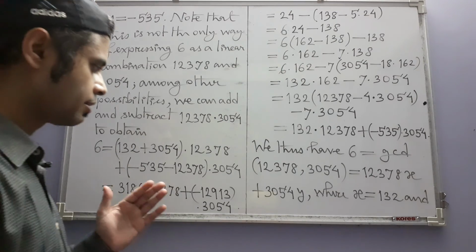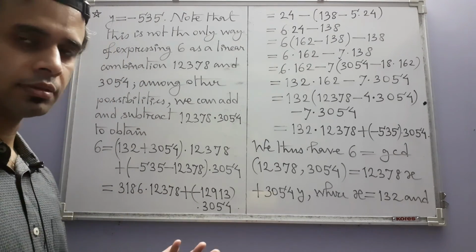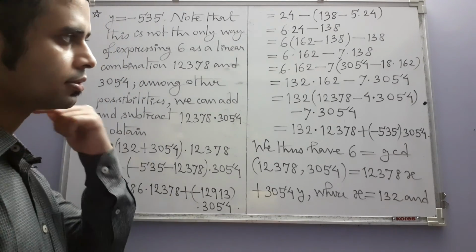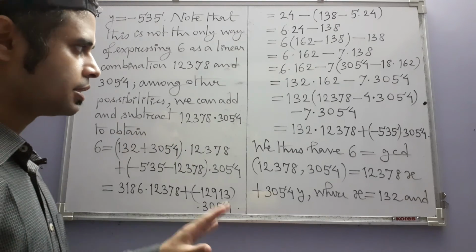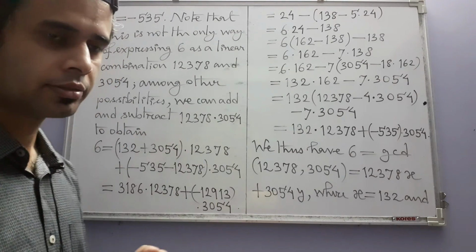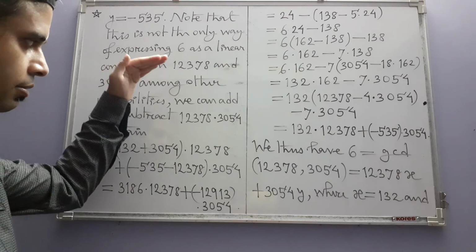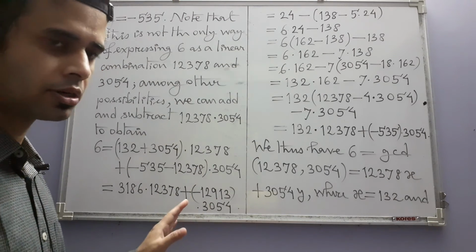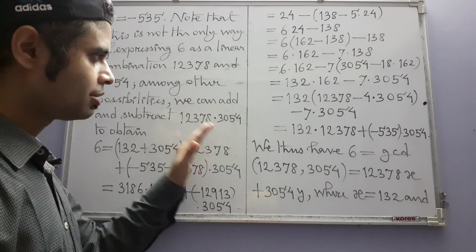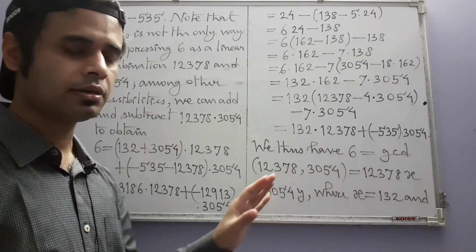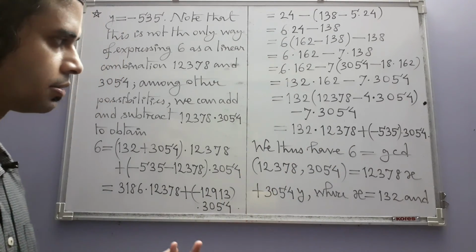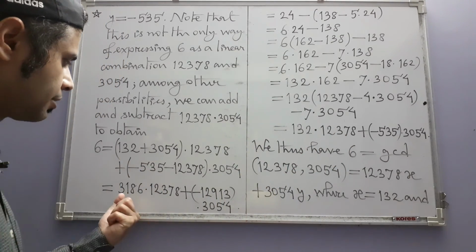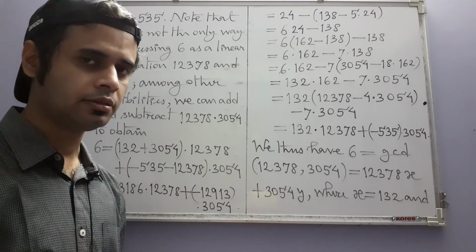So this example illustrates the Euclidean algorithm. Using that, we have found the GCD 6, and using those equations in the process we also expressed 6 as a linear combination of the given numbers. And then we have seen that that expression is not necessarily unique.